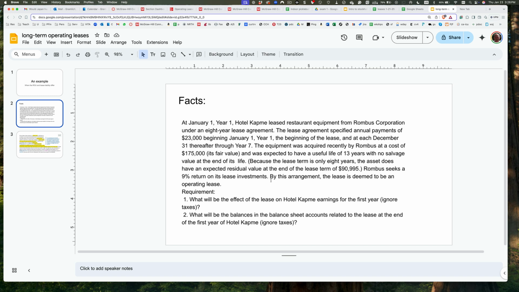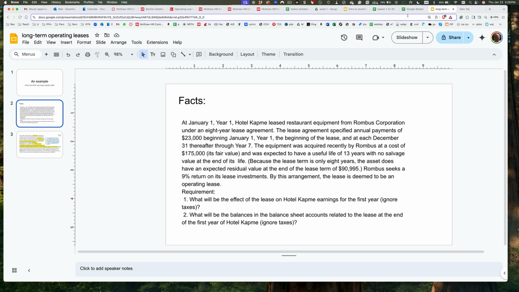By this arrangement, the lease is deemed to be an operating lease because it fails all 5 of the FAS 13 criteria. Under the requirements, the first requirement is what will be the effect of the lease on Hotel Capme's earnings for the first year, ignoring taxes. And number 2, what will be the balances in the balance sheet accounts related to the lease at the end of the first year of Hotel Capme.